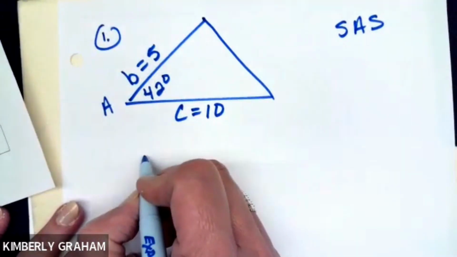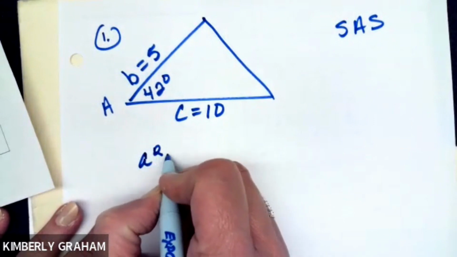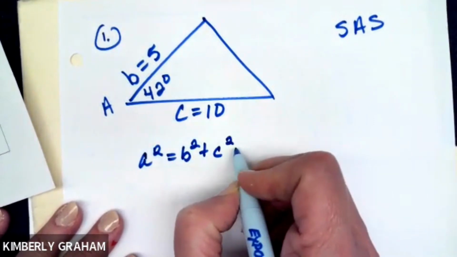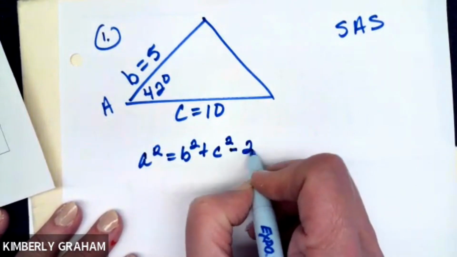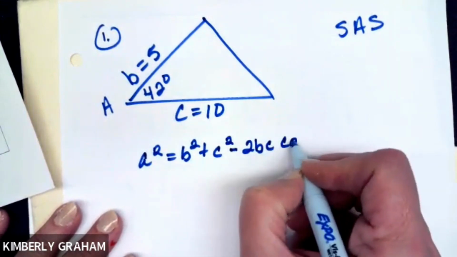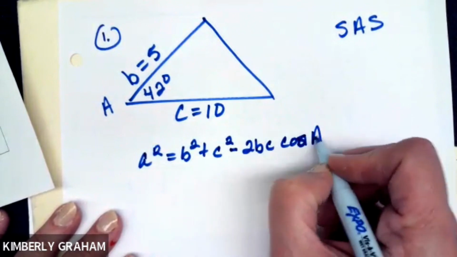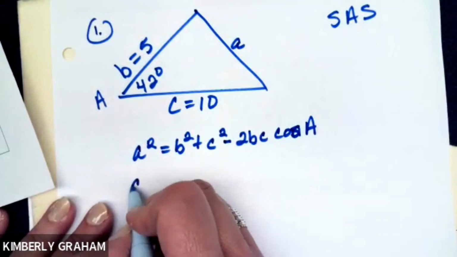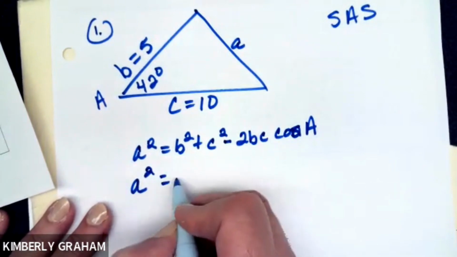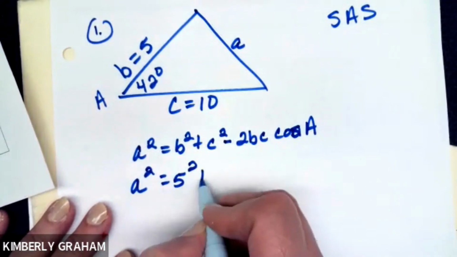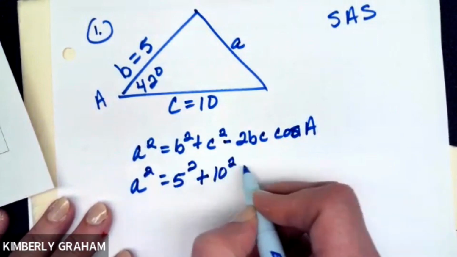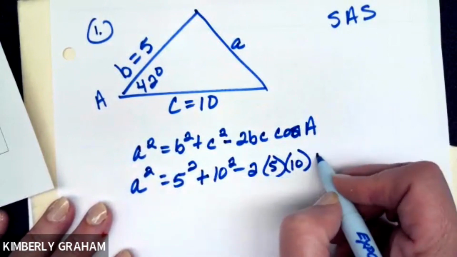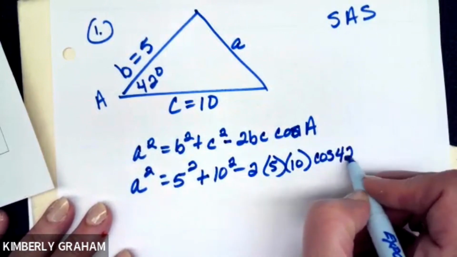So my formula here, a squared equals b squared plus c squared minus 2bc cosine of A. So a is what I'm trying to find. a squared is equal to 5 squared plus 10 squared minus 2 times 5 times 10 cosine of 42 degrees.